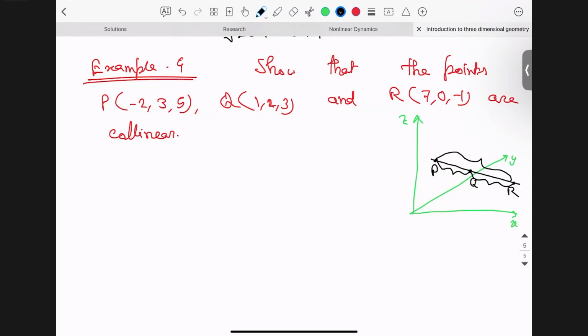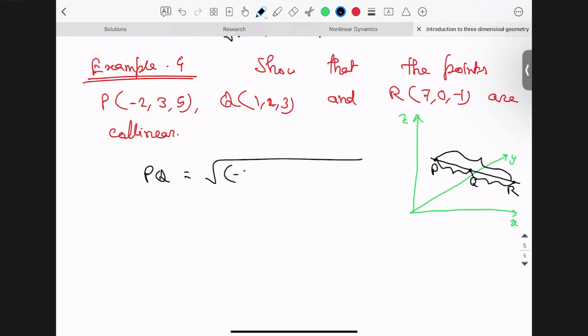Okay. So first of all, find the distance of PQ. Get the formula directly.